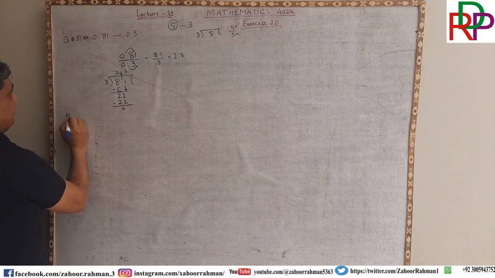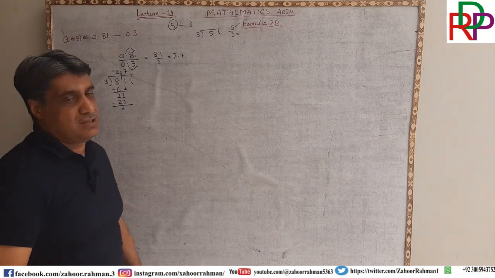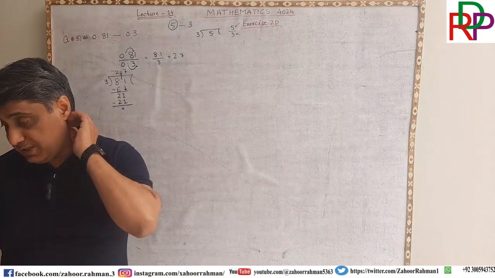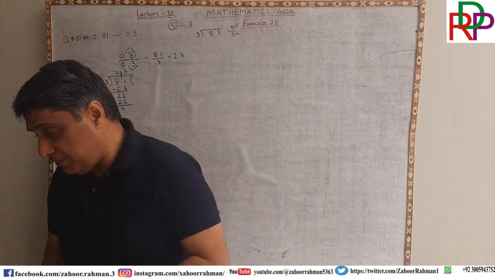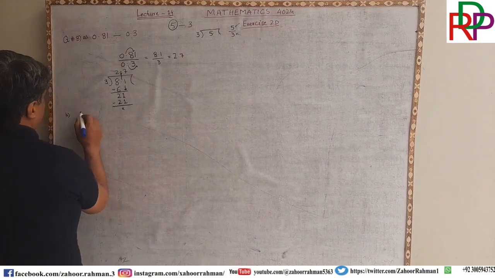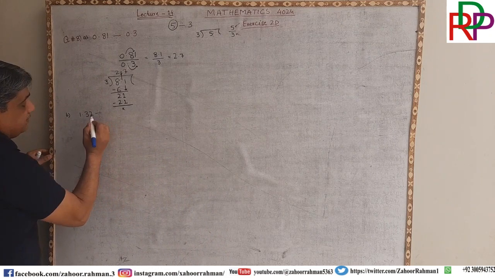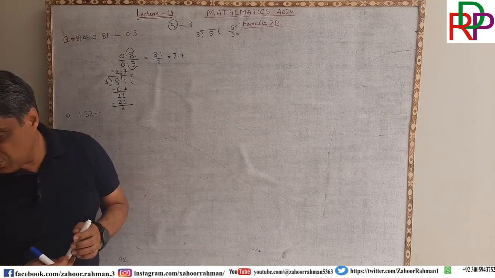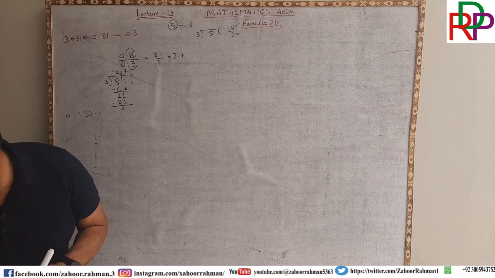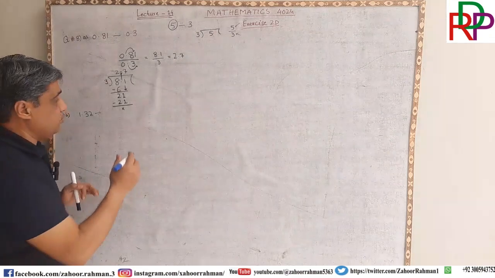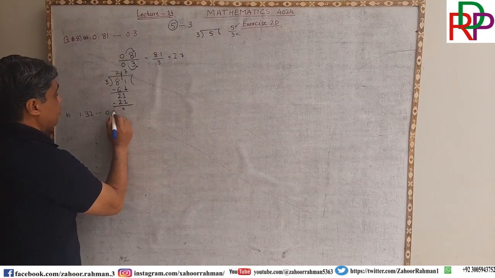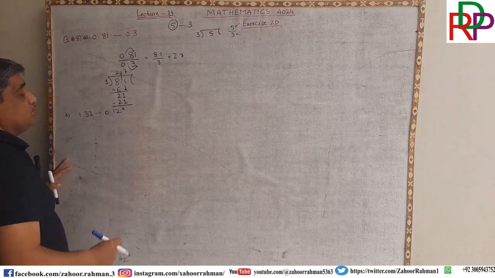Now we are turning our focus to part B, and part B is saying 1.32 divided by 0.12.